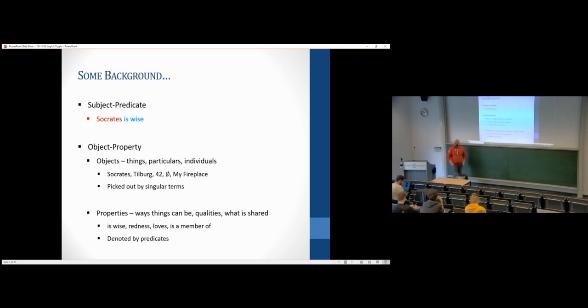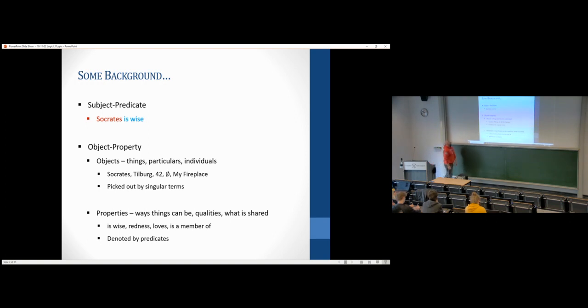If you go back to the set theory stuff, the elements, the things that we start the set-theoretic process with, these are objects. Socrates, Tilburg, the number 42, the null set, my fireplace, each one of us, the whole world, whatever the hell that is. All of these are objects in some sense.